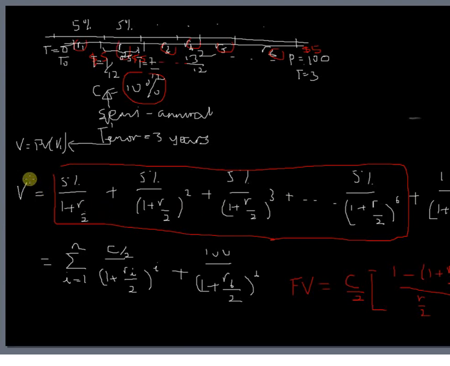Because R is always in the denominator of the whole expression, when R increases, if we plot the graph between R and P, which is the value of the bond, you can see that price will always decrease, and when R decreases, price will always increase. So people call this an inverse relationship between yield and price. R is normally known to the traders as the yield. So R is equal to yield.